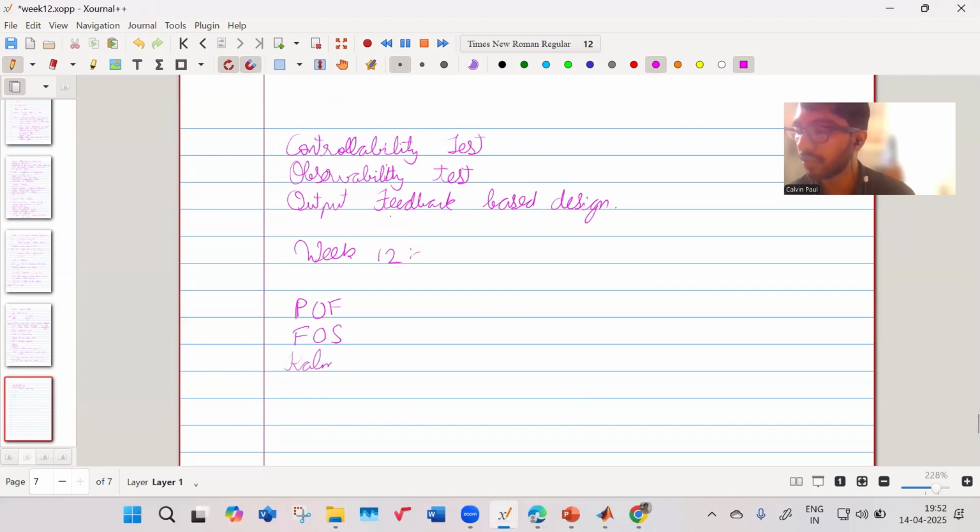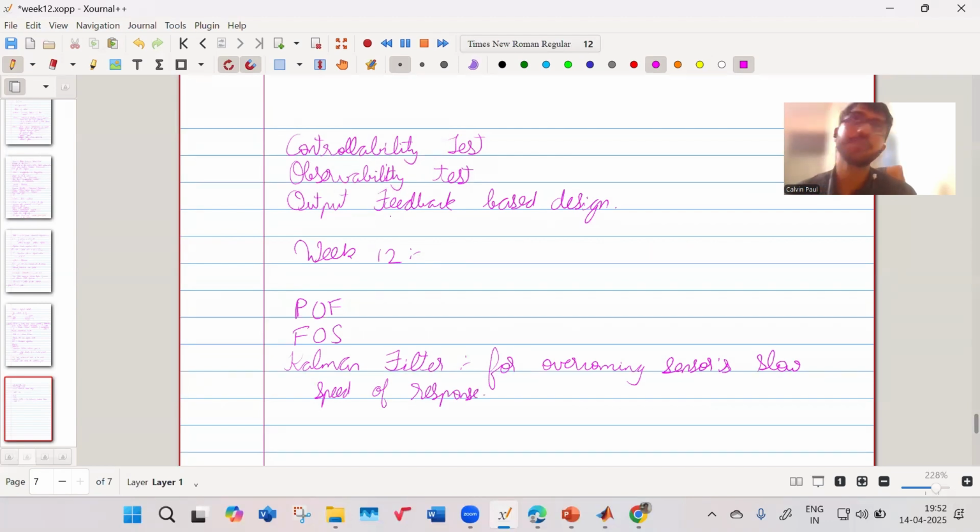A Kalman filter is applied to overcome the noise as well as the slow, sluggish response of our sensor.